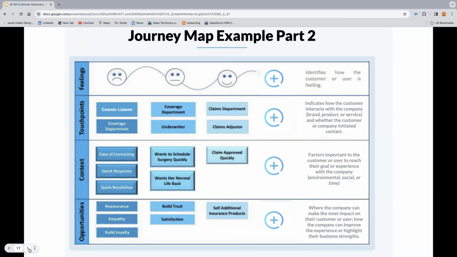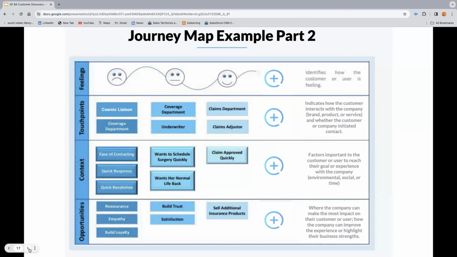This indicates how the customers interact with the company, brand, product, or service, and whether the customers or company initiated contact: ease of contacting, quick response, quick resolution.